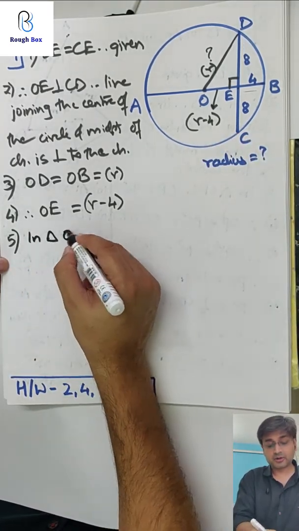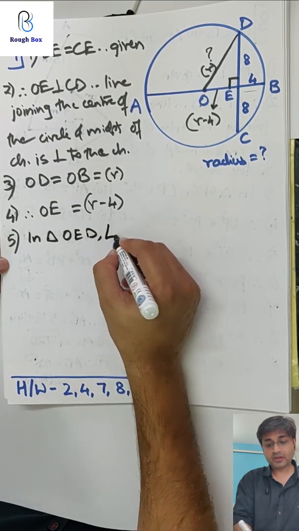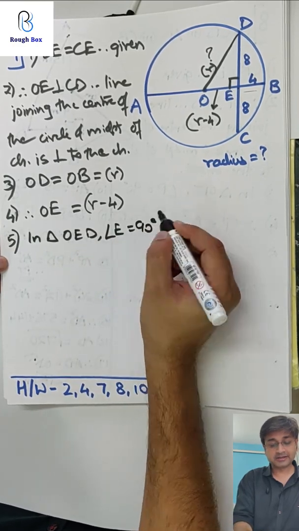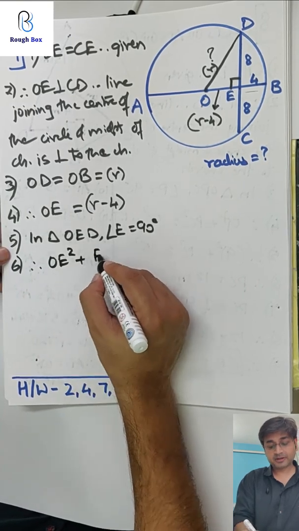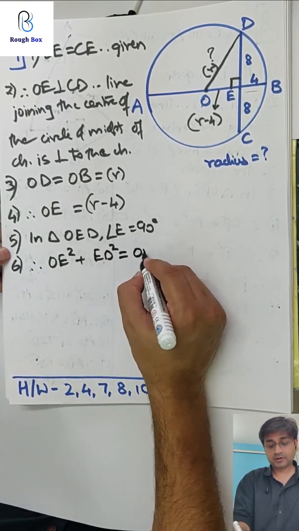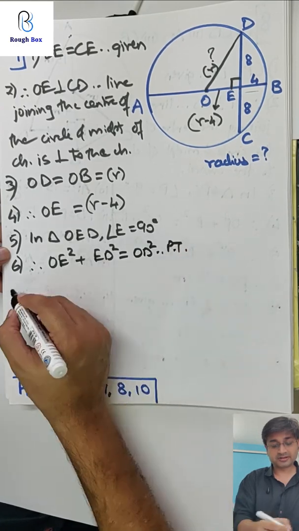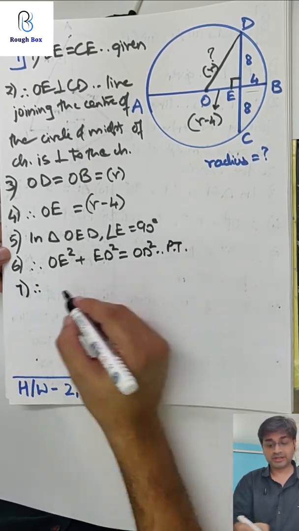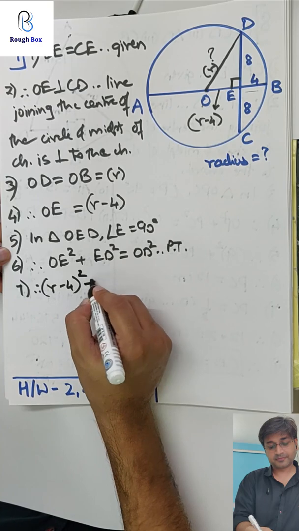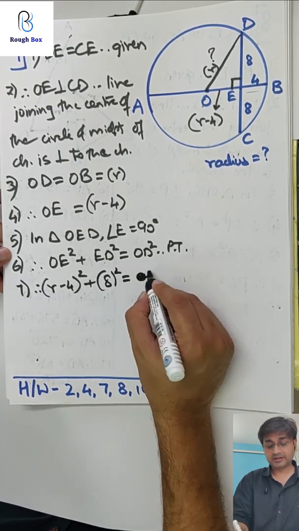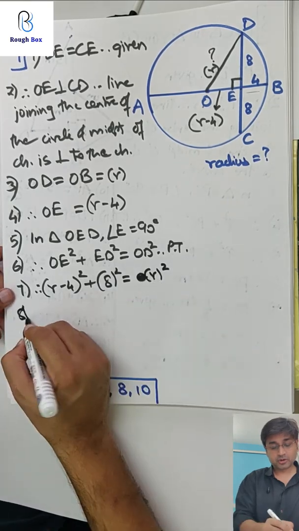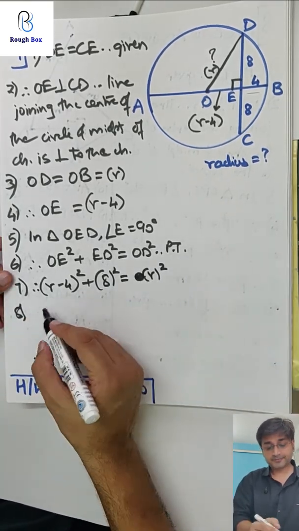So in triangle OED, angle E is 90 degrees, and therefore OE square plus ED square is equal to OD square, Pythagoras theorem. So therefore OE is R minus 4, ED is 8, and OD is R. So let's open this, expand.